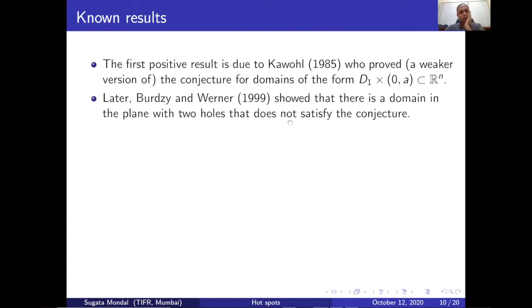In another paper he gave an example of a domain with one hole that also does not satisfy the conjecture. In all these constructions, he showed that the second Neumann eigenspace is simple, so the eigenspace is one-dimensional, and any second Neumann eigenfunction attains its global extrema at an interior point.